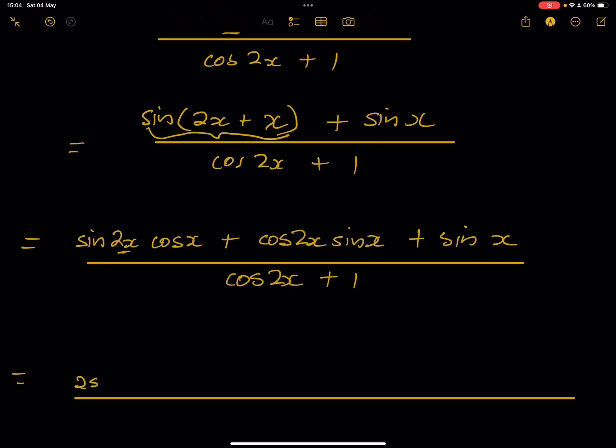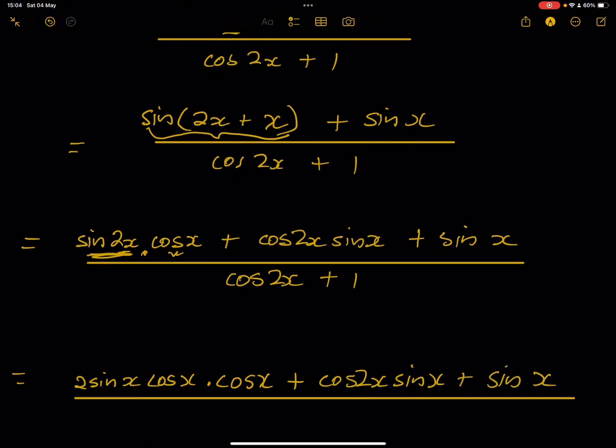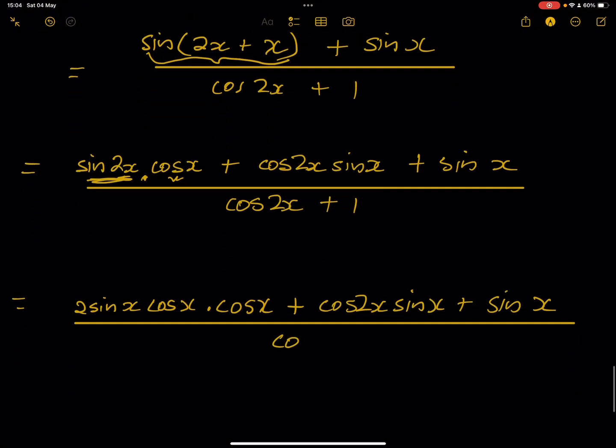So this is 2 sine x cos x, that's just this guy alone, times that cos x, right? Plus, this is going to be cos 2x sine x plus the sine of x. And this is all divided by cos of 2x plus 1.